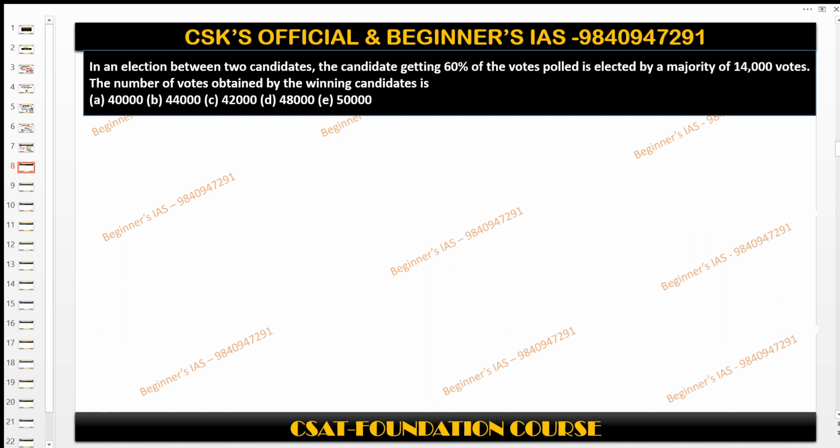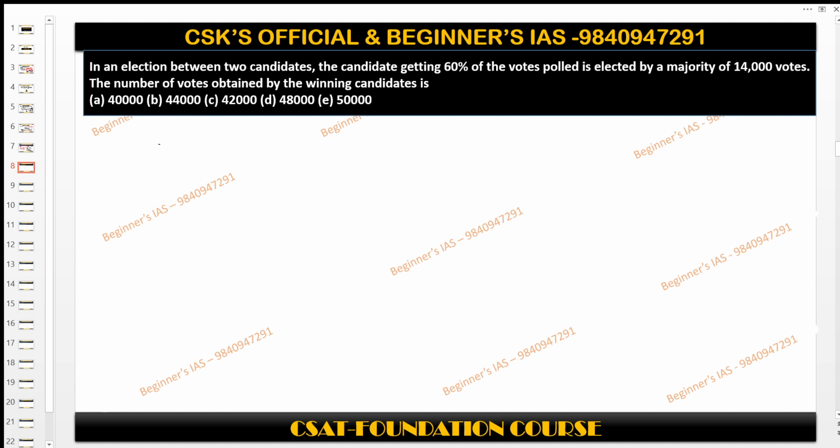Okay. In an election between two candidates, the candidate gets 60% of the votes polled, and the majority is 1400. Number of votes obtained by the winning candidate.